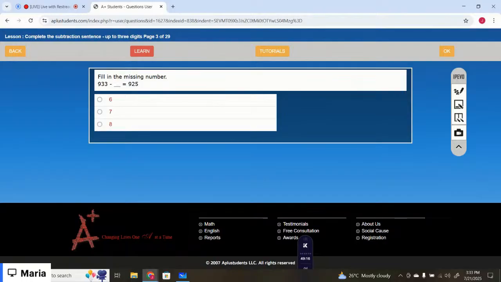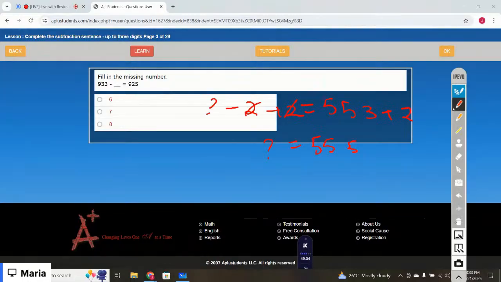Fill in the missing number. 933 minus the missing number is 925. Now the smaller number is missing, right? We always subtract a smaller number from the greater one. So 933 is the greater number we are given. So 933 minus 8 is 925.